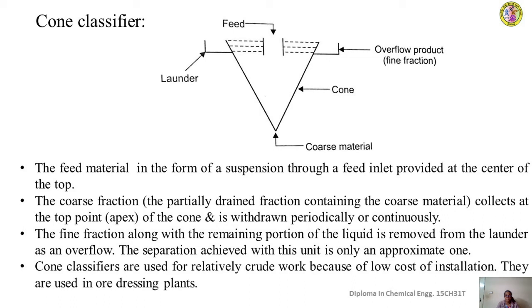These coarse particles can be withdrawn periodically or continuously, while the fine particles, without having settled, will move towards the top along with the water, and when the water overflows the cone into the launder, they are carried away in that launder. In that way, the fine particles are separated from oversized or coarse particles.